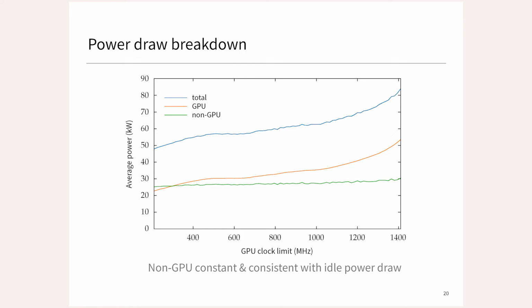And by the way, this 25-ish kilowatts you see here of the non-GPU element, I measured the non-GPU element in a completely idle state of these racks, and it was about the same. So it's also consistent with the idle draw of the machine.